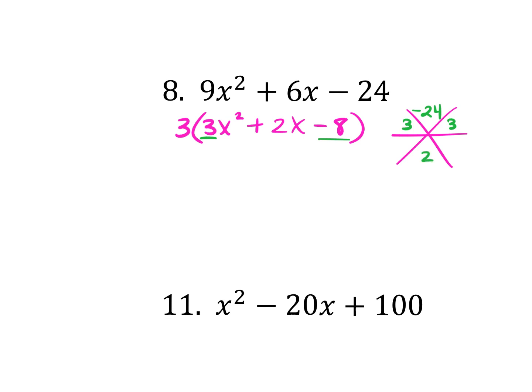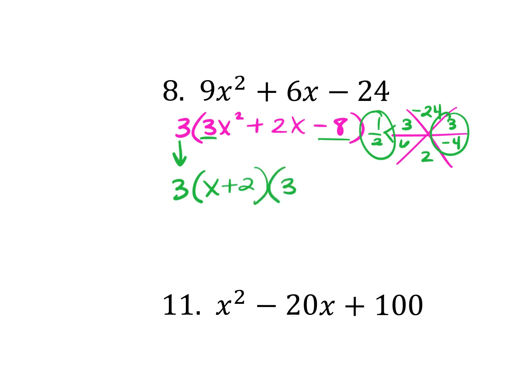So what can you multiply to get a negative 24 that you can add to get a 2? That's going to be a 6 and a negative 4. And then that can reduce to 1 over 2. So don't forget about your 3 out in front. Then it's x plus 2 and 3x minus 4.